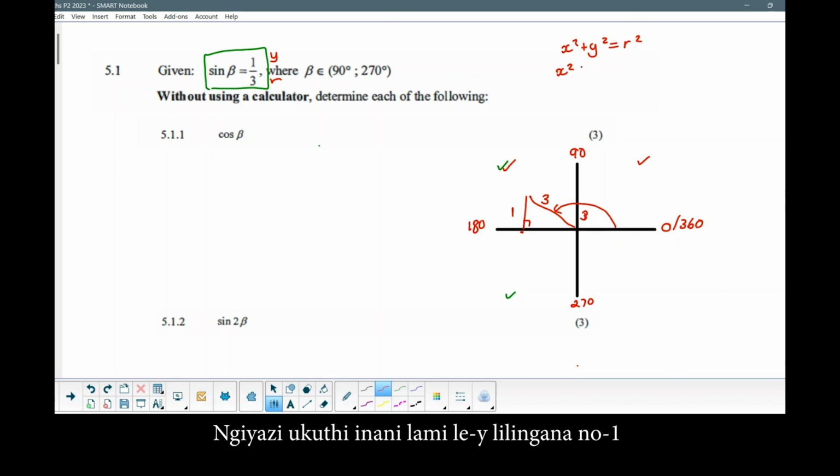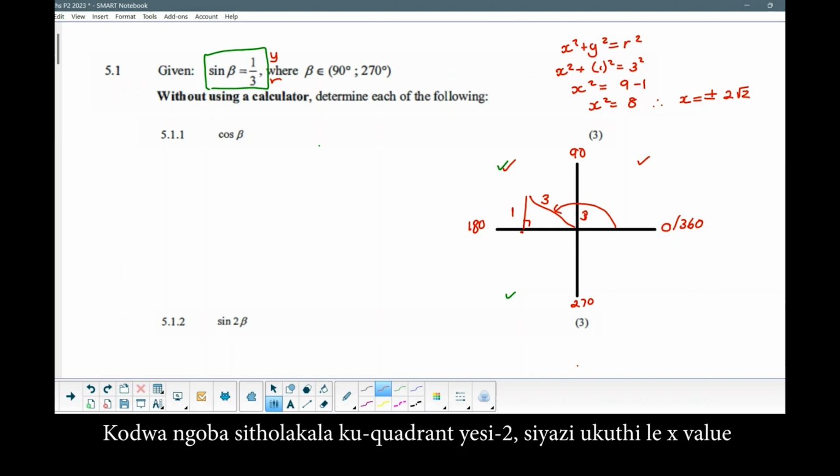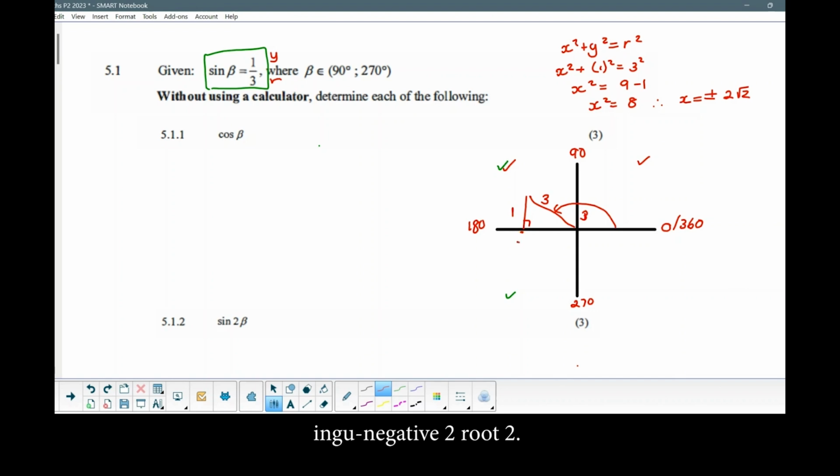I do know that my y value is equal to 1, and I know that my radius is equal to 3. So x squared is equal to 9 minus 1. X squared is equal to 8. Therefore, x is equal to plus or minus the square root of 8, which is 2 root 2. So x can be positive or negative, but because we're sitting in quadrant 2, we know that this x value is negative 2 root 2.